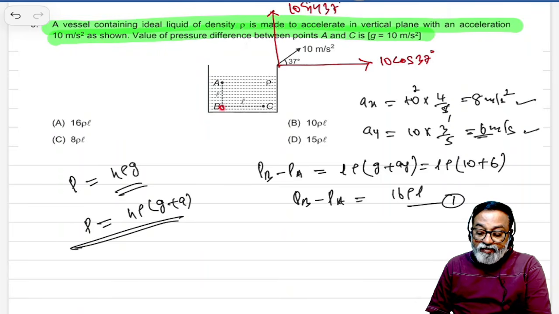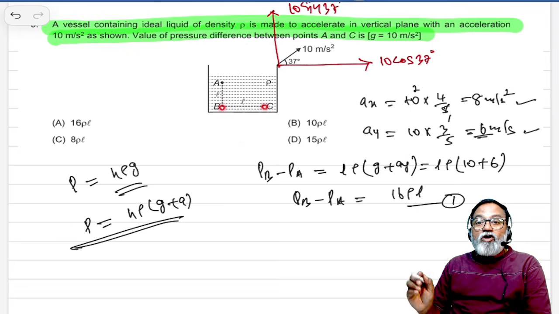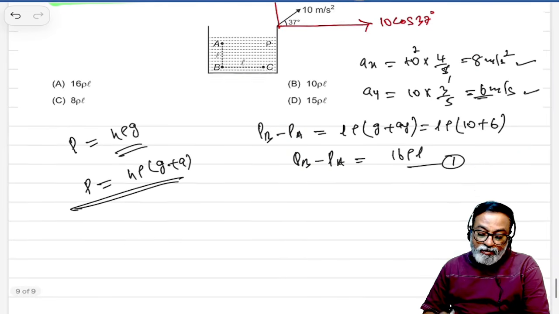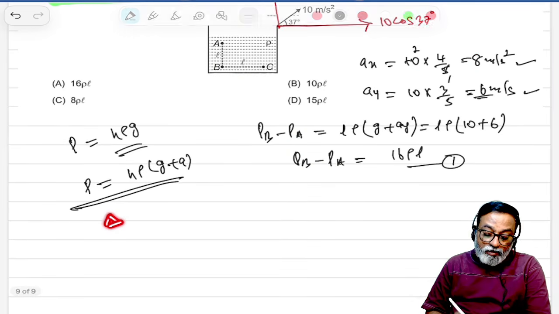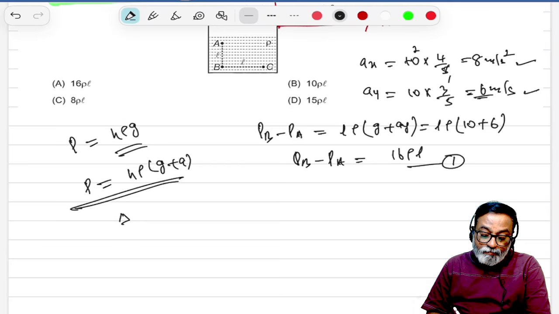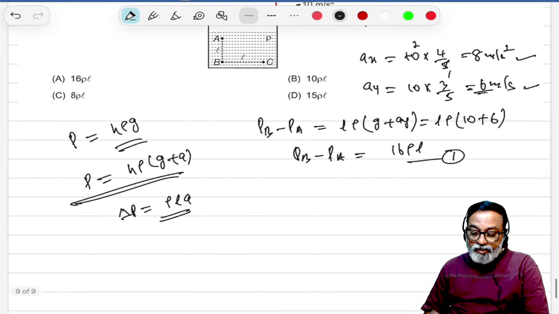And next one, between B and C. For horizontal acceleration, pressure decreases in the direction of acceleration by rho L a. Therefore, the decrease in pressure is rho L a, in the direction of acceleration.